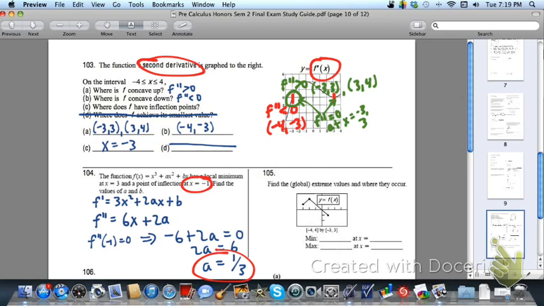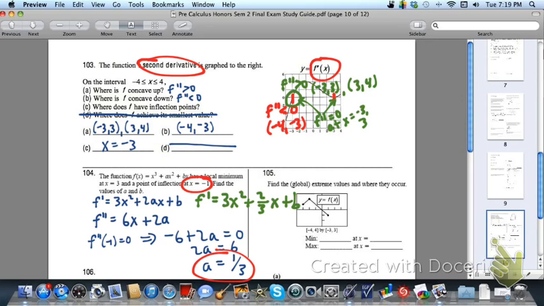Let me do this in green: f prime is equal to 3x squared plus 2 multiplied by 3, so plus 6x plus b.